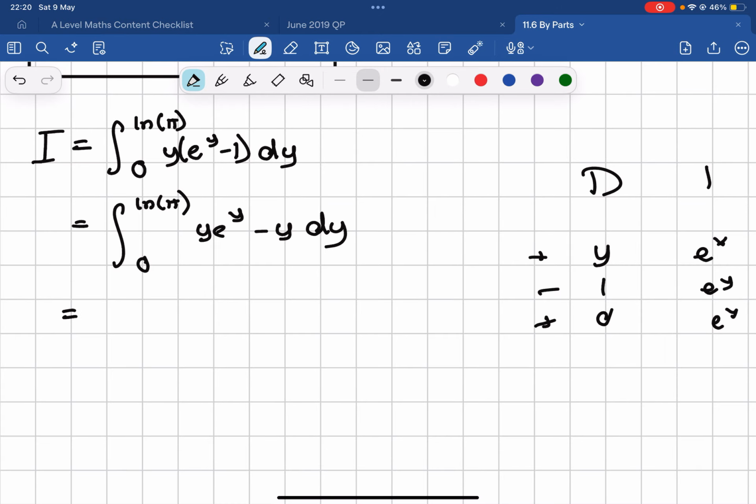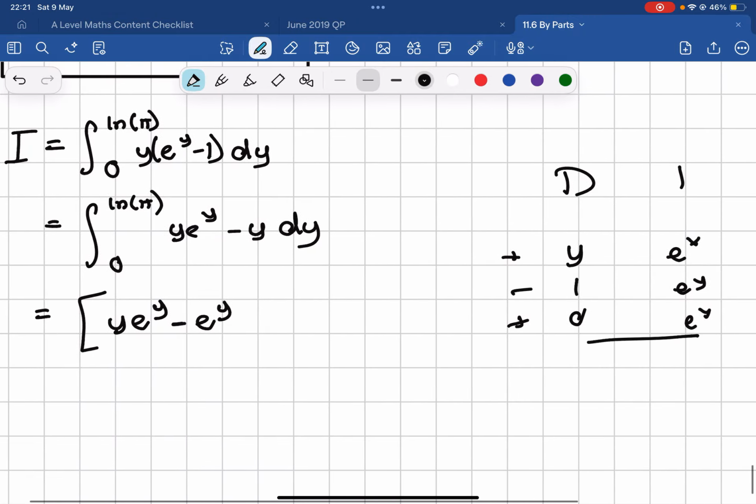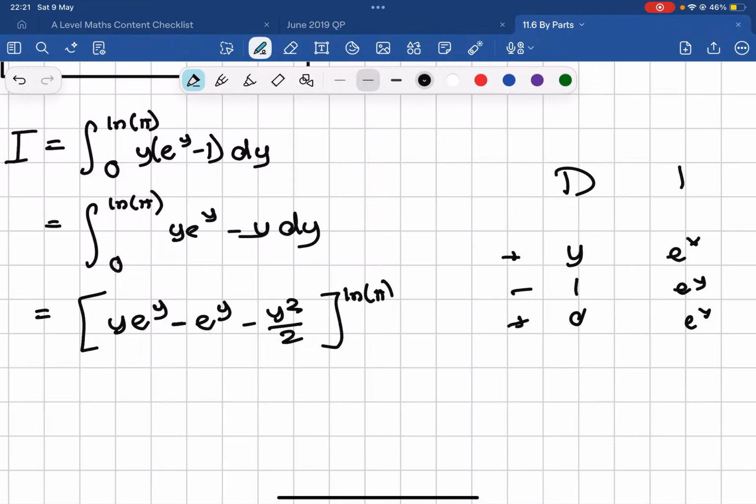That becomes y e to the y minus e to the y, and then we subtract 0 times e to the y, that's fine. Okay, that's our tabular method done. Now we need to integrate minus y, so minus y squared over 2, evaluated from 0 to ln pi.